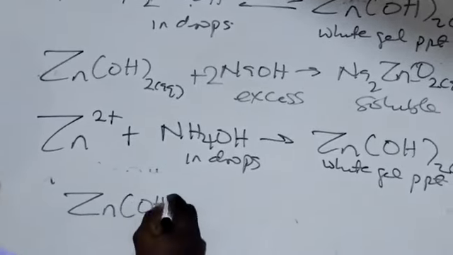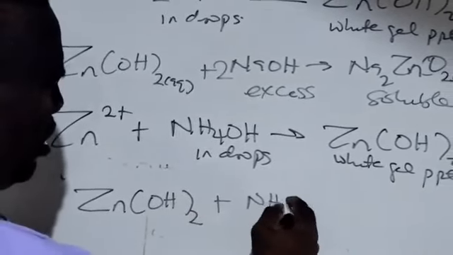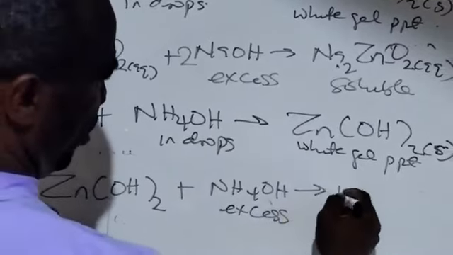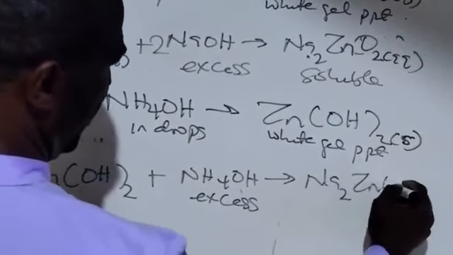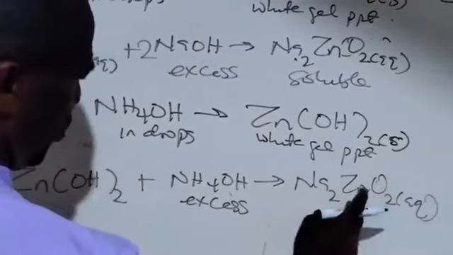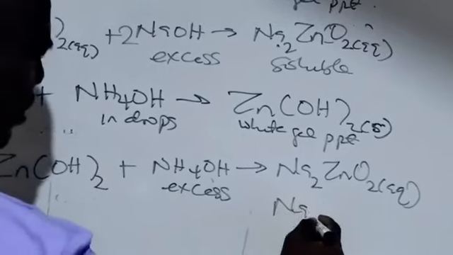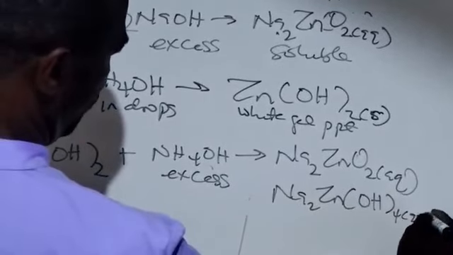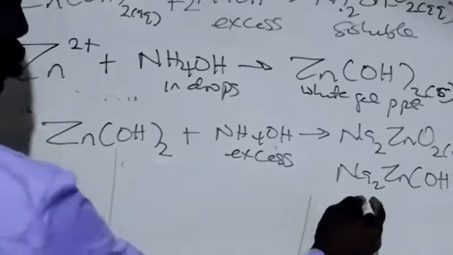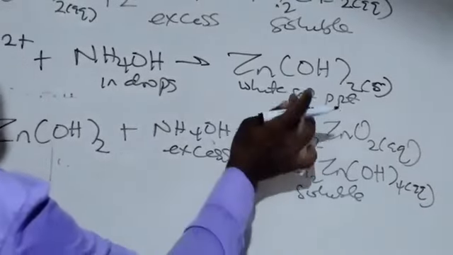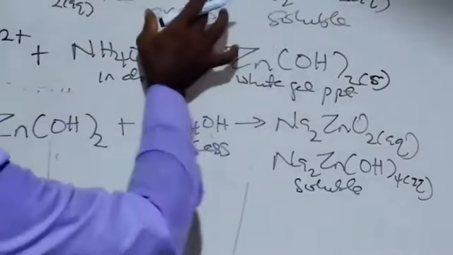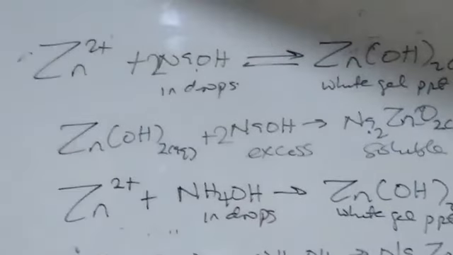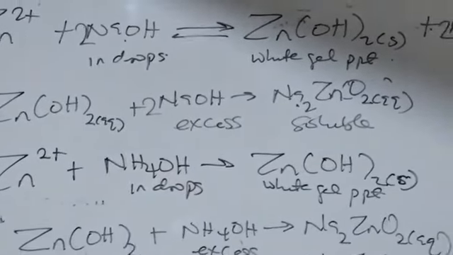Then in excess, the zinc hydroxide also complexes with excess ammonia, to form a similar salt as with hydroxide, to give you a zincate salt solution, or you can say tetrahydroxozincate(II) solution. Any of these can be used. So that is it. In excess, these two are soluble. In drops, you form a similar precipitate as with sodium hydroxide. In excess, you form a soluble complex salt, as in sodium hydroxide.